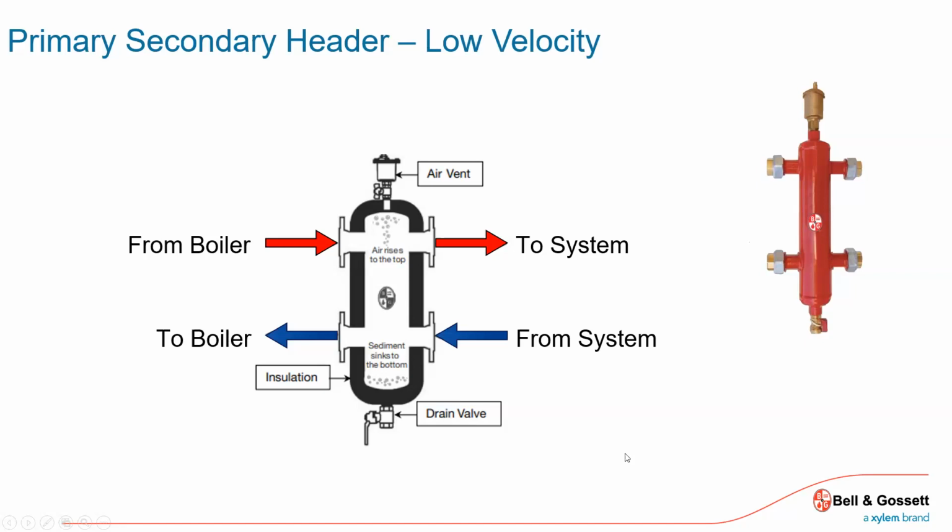And that's kind of common, whether it's this low loss separator, primary secondary header, low loss separator, decoupler. The point of that word decoupling is I'm decoupling one loop, say the boiler plant, from the distribution, because what will happen as we get into primary secondary is I'll have pumps on one side pumping the boiler plant, then I'll have distribution pumps.